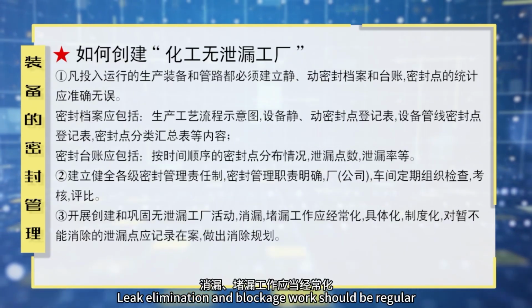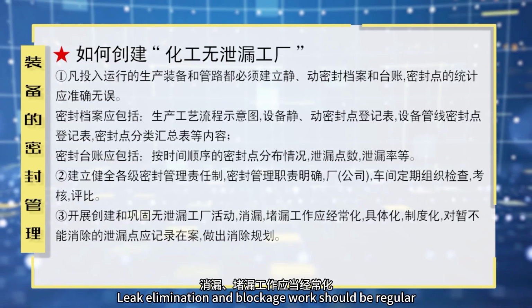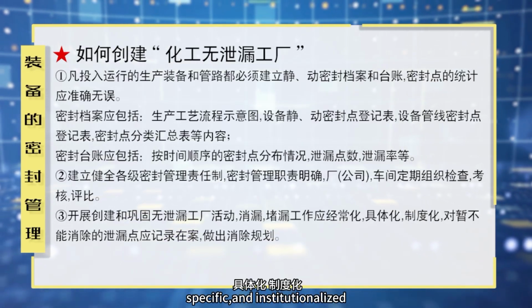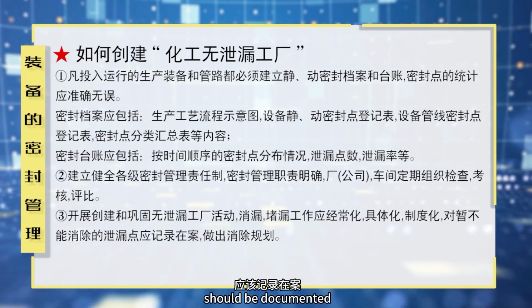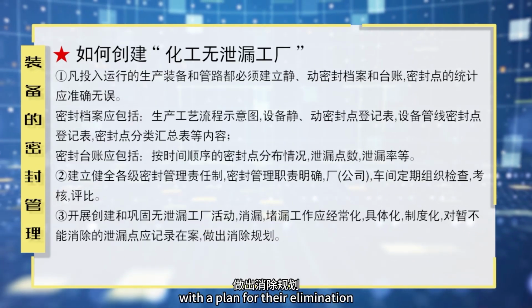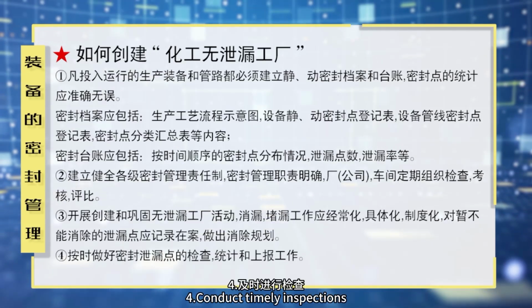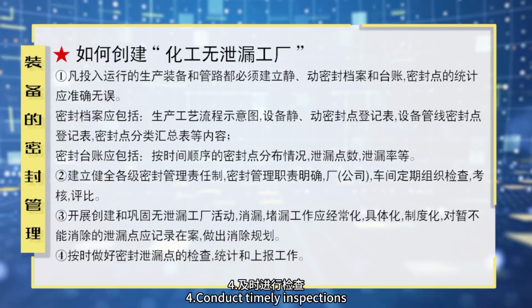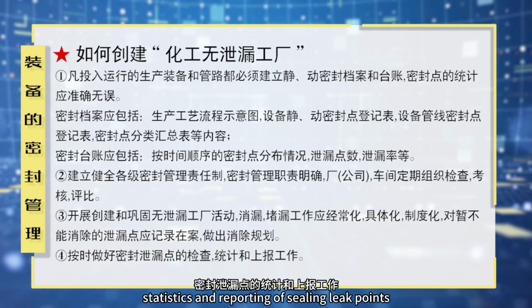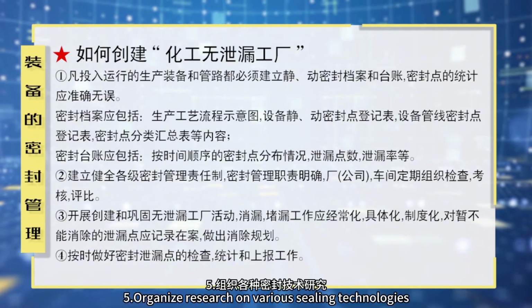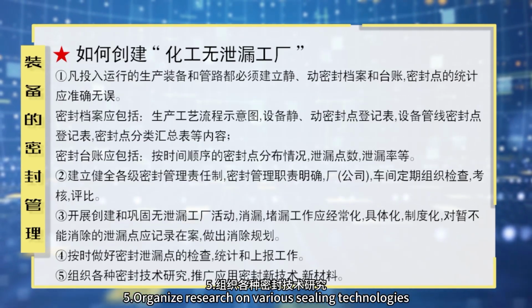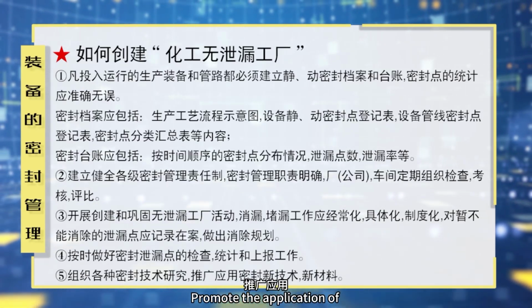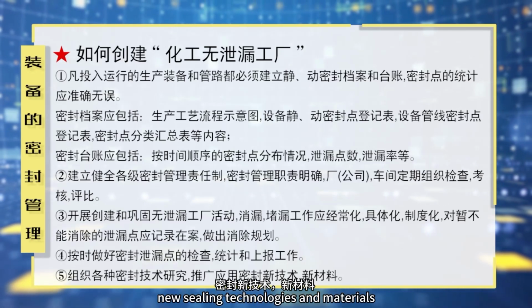Leak elimination and blockage work should be regular, specific, and institutionalized. Leak points that cannot be eliminated immediately should be documented, with a plan for their elimination. Fourth, conduct timely inspections, statistics, and reporting of sealing leak points. Fifth, organize research on various sealing technologies. Promote the application of new sealing technologies and materials.